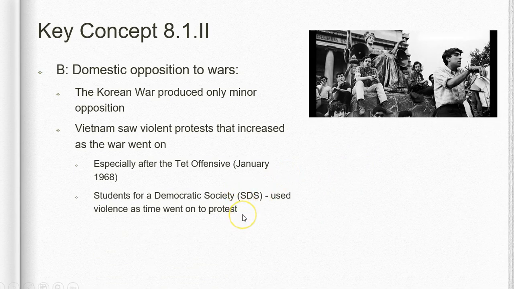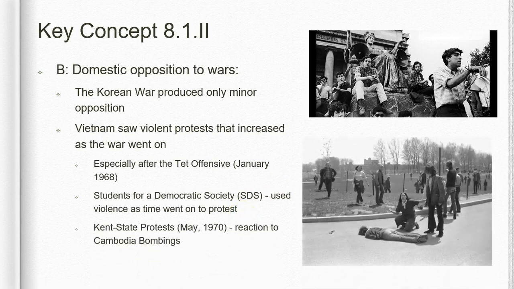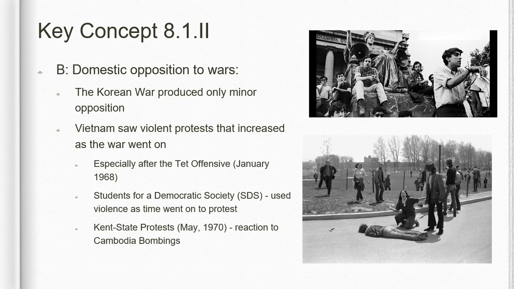They used violence as time went on to protest, and you start dragging on into the late 1960s and early 1970s, and you see things like Kent State, which is a college in Ohio. There's student protests. National Guard is called out, and 4 students are killed in the protest. There is a Pulitzer Prize winning photo of one of the students who had just been shot by the National Guard.